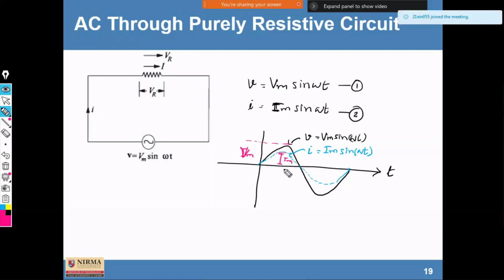So the maximum values of both the quantities occur at the same time.